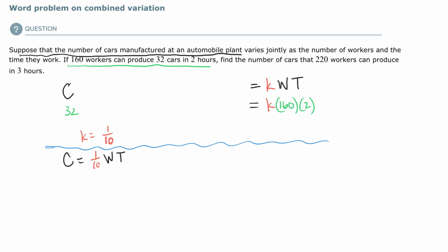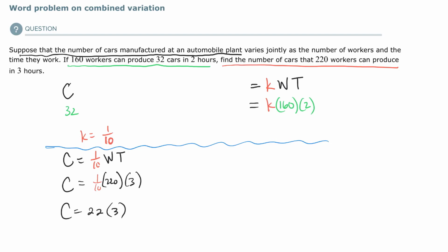Find the number of cars that 220 workers can produce in 3 hours. And so we get C is equal to 66.